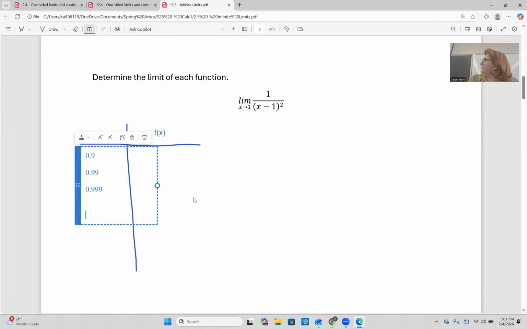And from the other side, 1.1, 1.01, 1.001. Why don't you try plugging in values and see what we get?